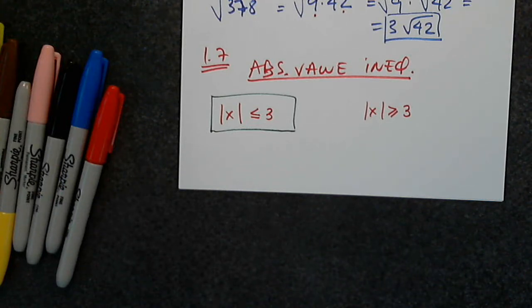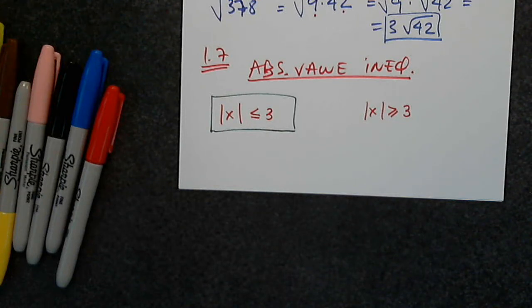First of all, let's establish one thing. What do we mean by the absolute value of x? Distance from 0. Awesome. The absolute value of x is the distance between x and 0. Correct? Good. So what the first one is telling me is this. Find all numbers x such that the distance between those numbers x and 0 is 3 units or less.